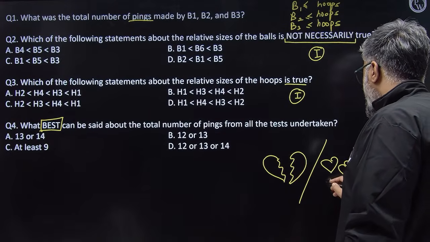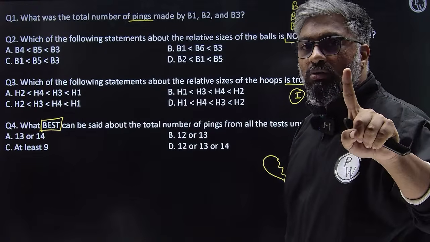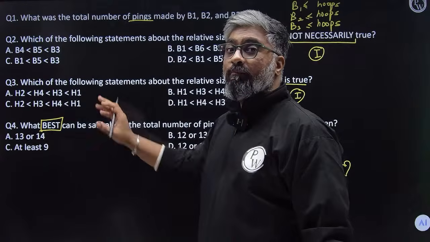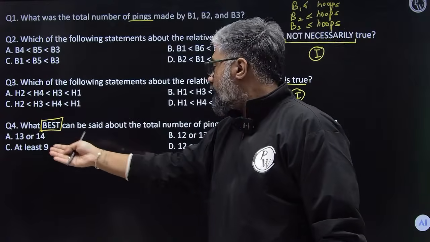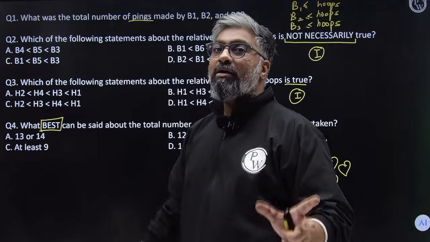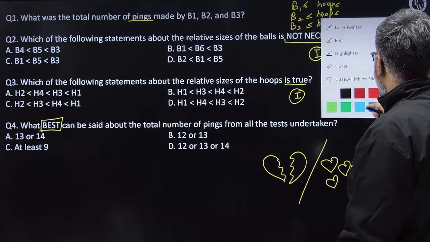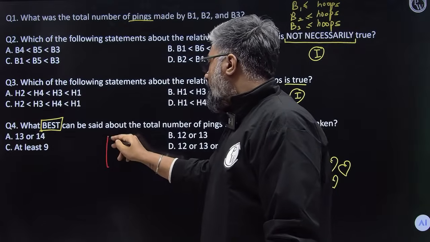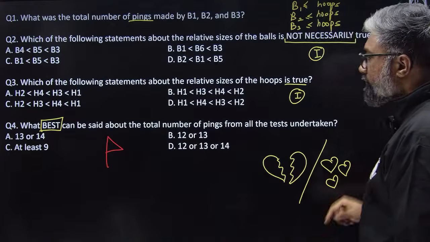There is no way that we can have only one true case. If there was only one true case, there would be a fixed number, 13, 14, 15, 16, something like that. They won't give 12, 13 or 14, at least 9, like this. So whenever there are such options, these are called red flag options, okay? Be very careful around these options.